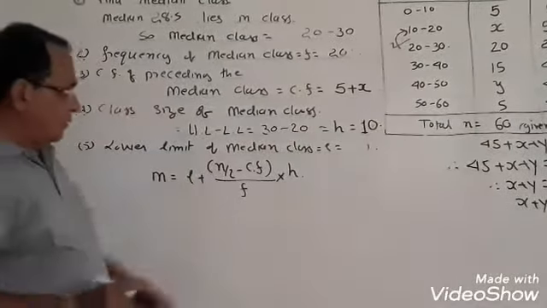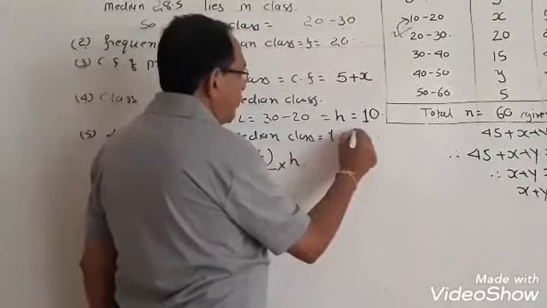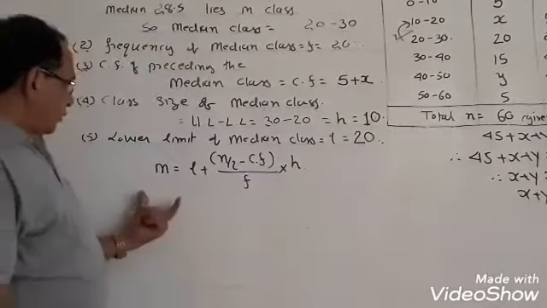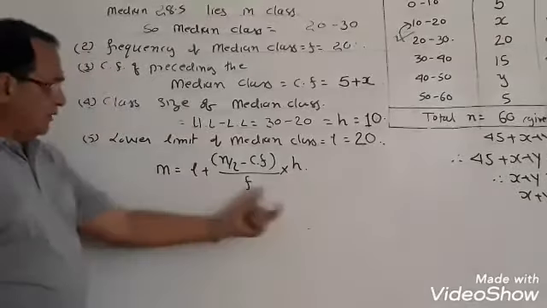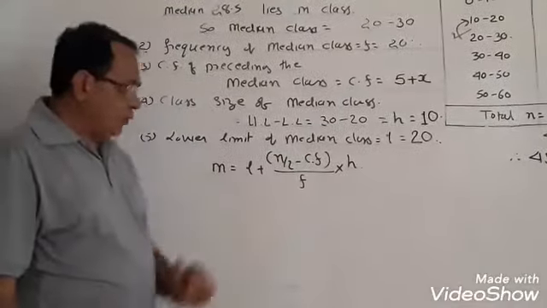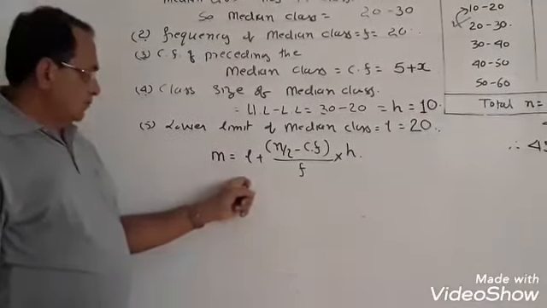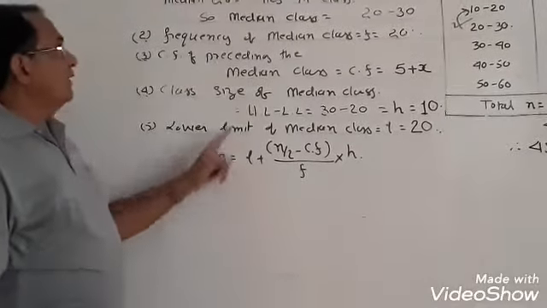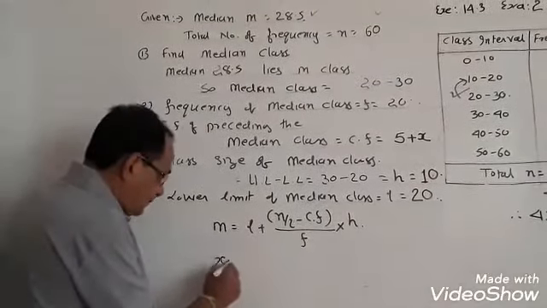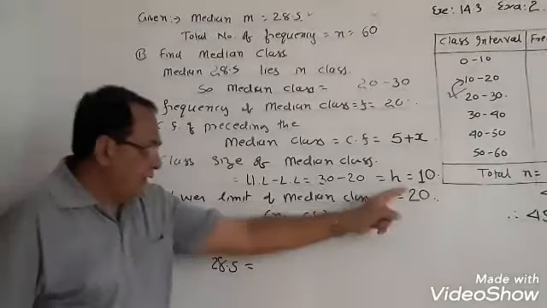Lower limit of the median class, l is equal to 20. Now substitute all these values in M equals l plus (n by 2 minus cf) upon f into h. This formula is most important. What is the value of M? 28.5. What is the value of l? l is equal to 20.